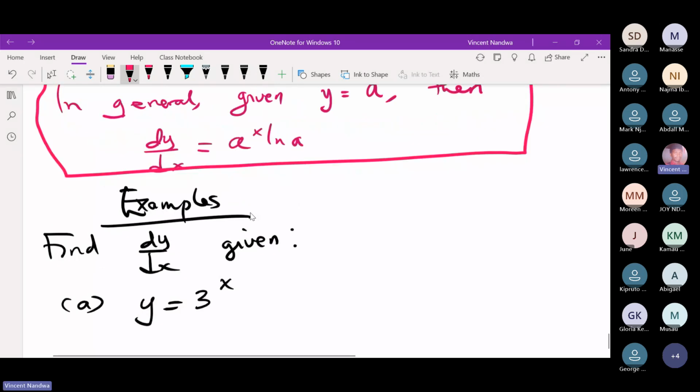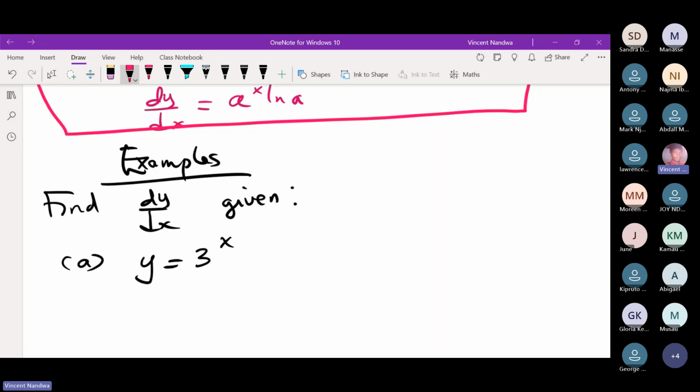If you remember the formula, then you simply say that this implies dy dx, our a is 3, so it will just be 3 power x ln of 3. But if you don't remember, you also don't have to cram.